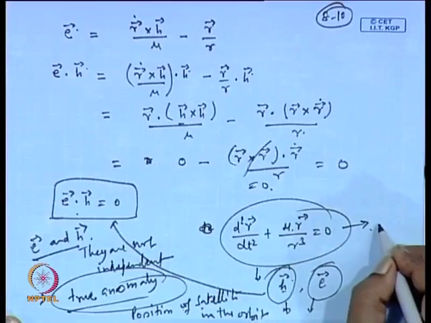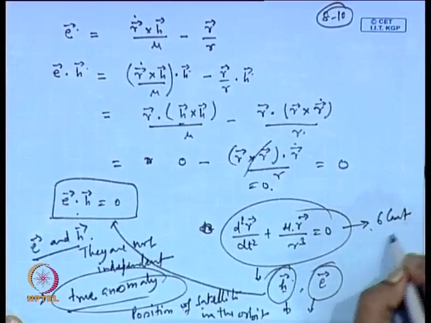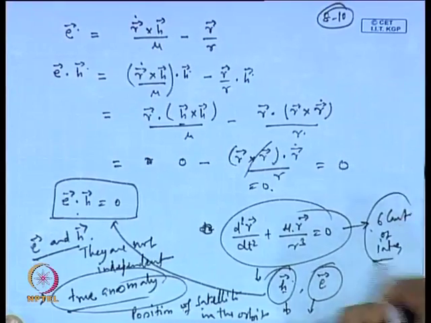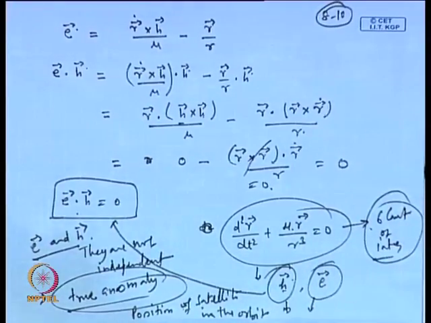If we integrate this, we get 6 constants of integration, which will be defined as these 6 orbital parameters. So, next time we start with the initial position and velocity of the body, and then find these 6 orbital parameters.